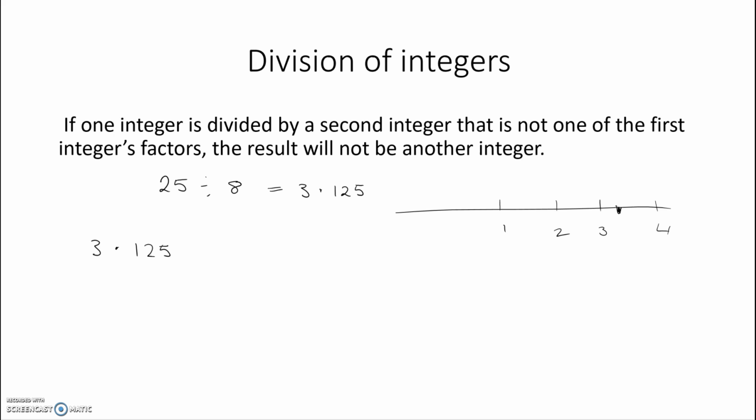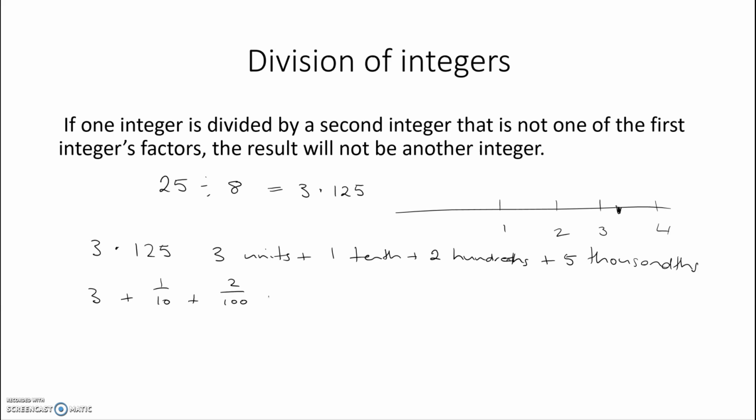We would also know that 3.125 would be 3 units plus 1/10 plus 2 hundredths plus 5 thousandths, or it's 3 plus 1/10 plus 2 hundredths plus 5 thousandths.